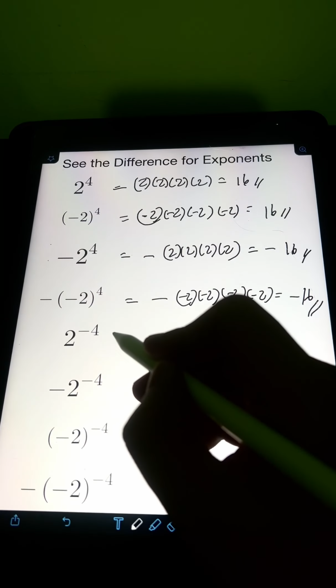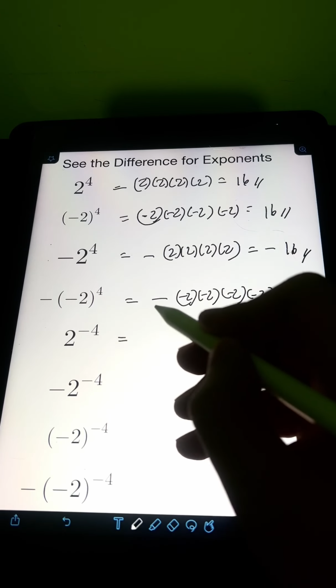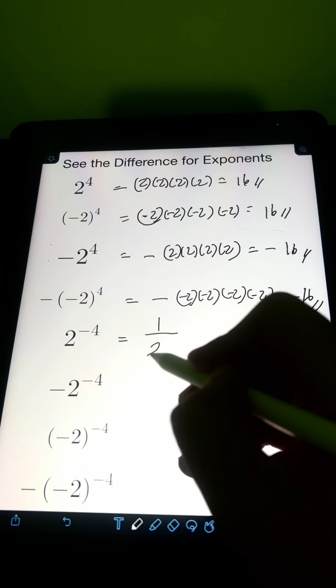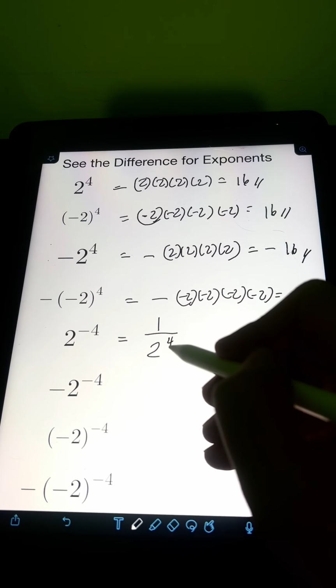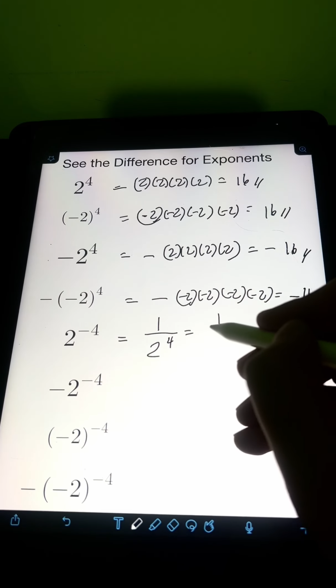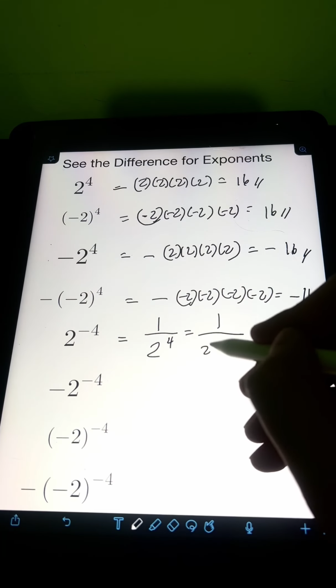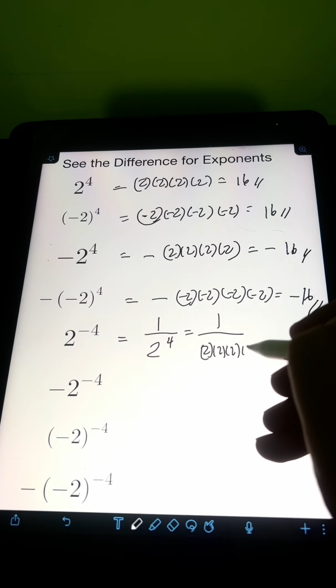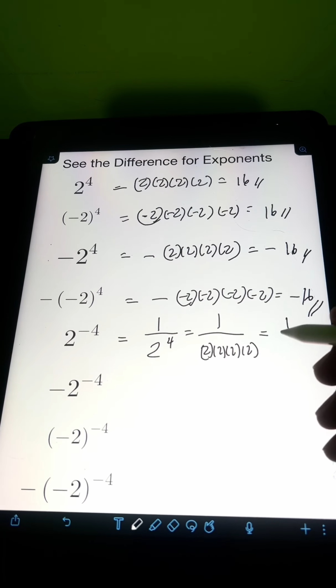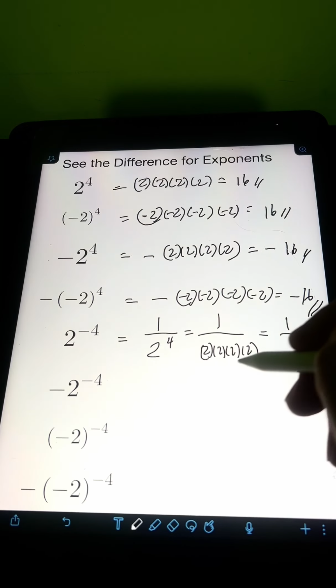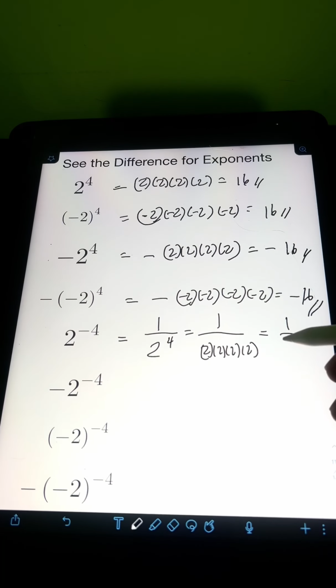Next, 2 to the negative 4. This time, law of negative exponent. So we will have 1 over 2 to the positive 4. Again, we will have 1 over 4 factors of 2, 2 times 2 times 2 times 2. We know that 4 factors of 2 is equal to 16. So we have 1 over 16.